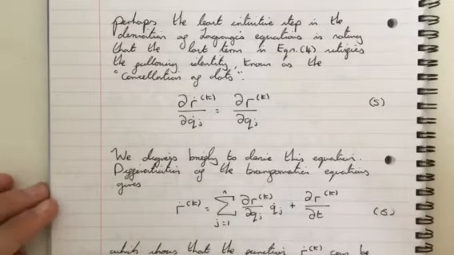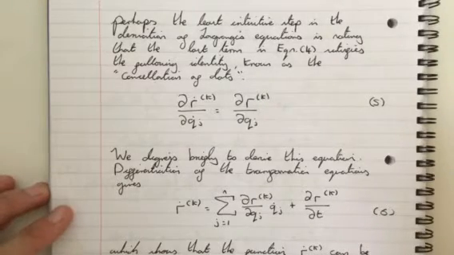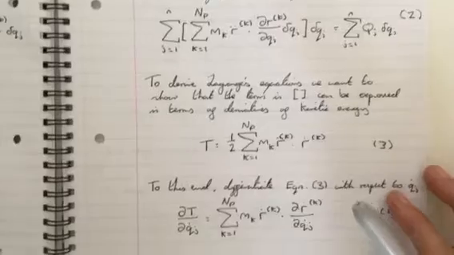So perhaps the least intuitive step in the derivation of Lagrange's equations is noting that the last term in equation 4 satisfies the following identity, known as the cancellation of dots. So we go back to equation 4. There it is.